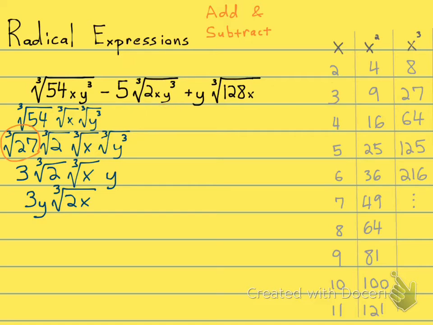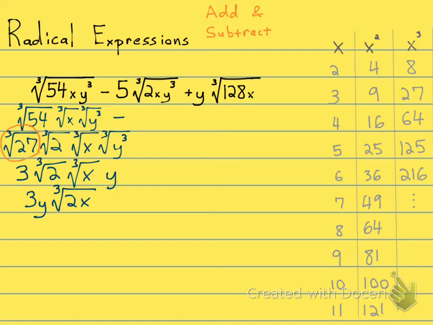I have a 5 on the outside. Underneath that cube root, I have 2xy to the third. Now I don't know the cube root of 2 or anything that goes into 2. I don't know the cube root of x, but I do know the cube root of y to the third is y. So instead of splitting this one up, I'm just going to take this y, and there's going to be 1 y outside the radical.